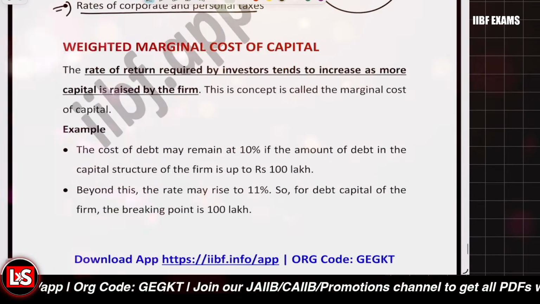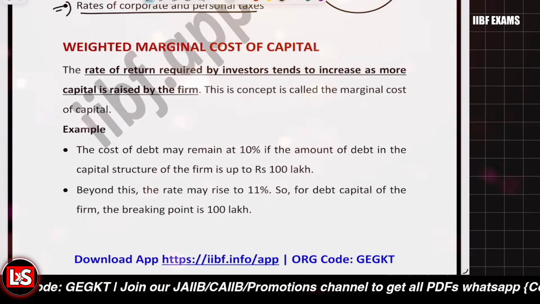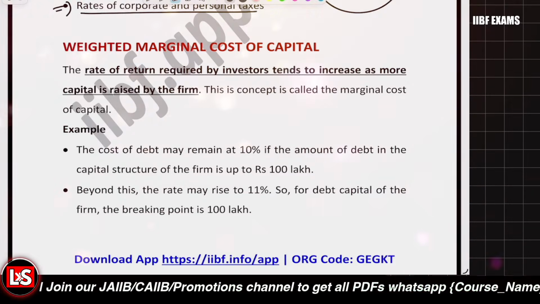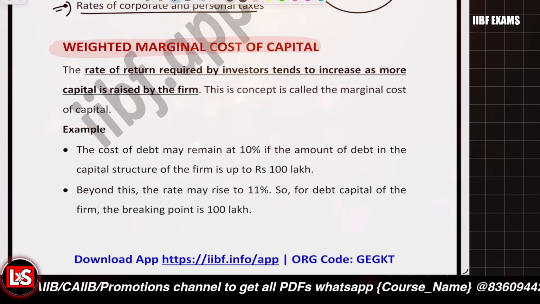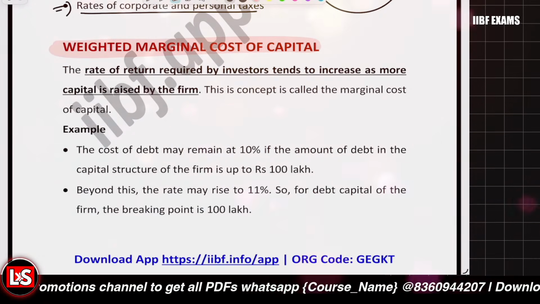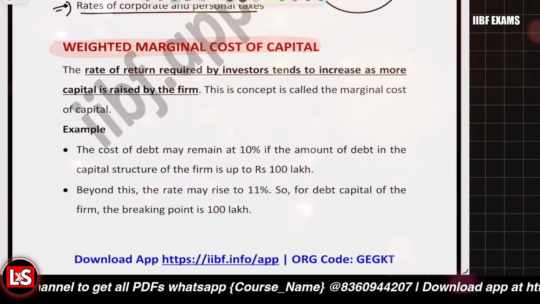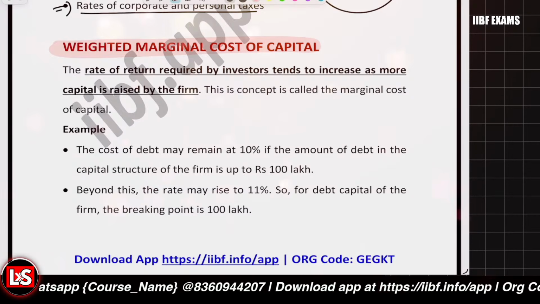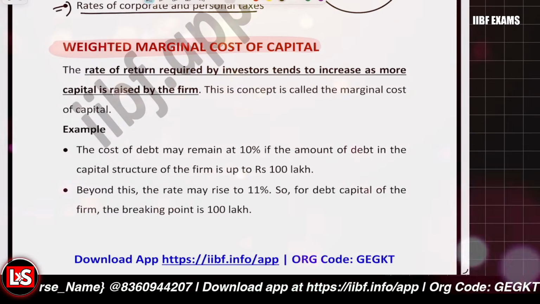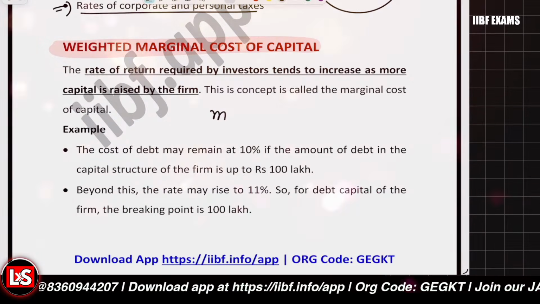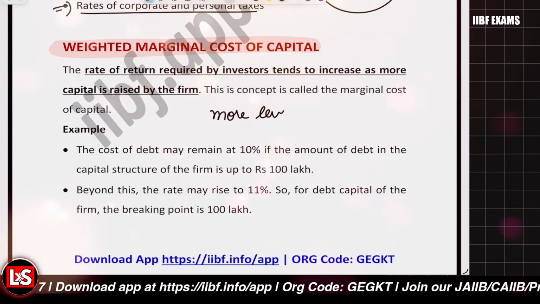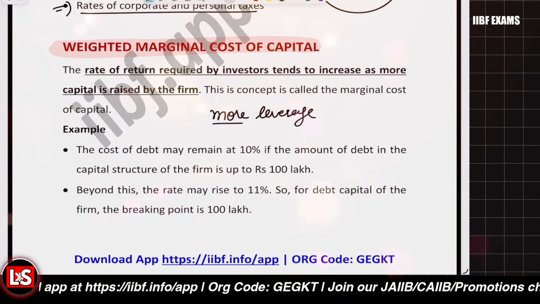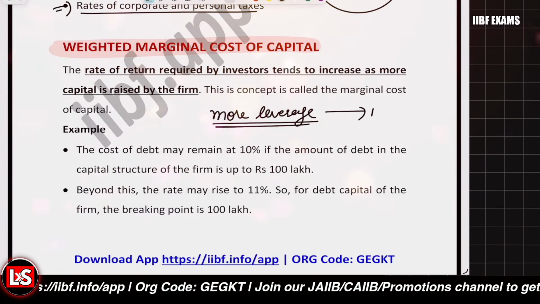And moreover, if we look at the weighted marginal cost of capital, the rate of return required by the investors tends to increase as more capital is raised by the firm, because more leverage will be there. The more the leverage, the higher the cost will be.